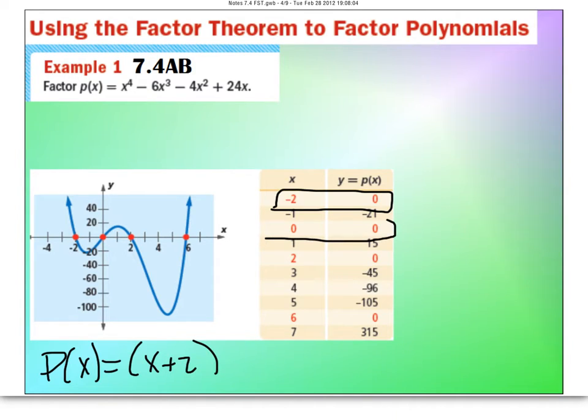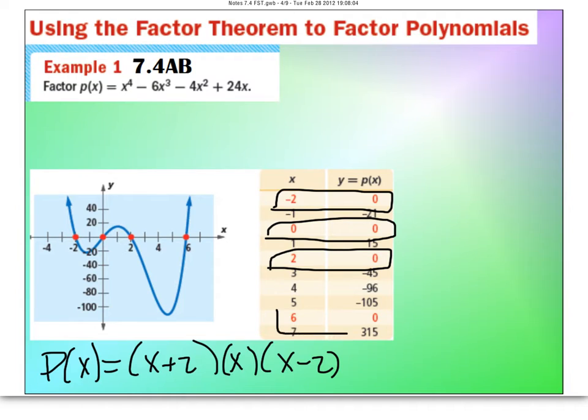The zero at 0, I'm just going to write as x. The zero at +2 is x minus 2. And the zero at +6 is x minus 6. Now, I do want to show you that you actually can factor this by grouping. So let's take a look.